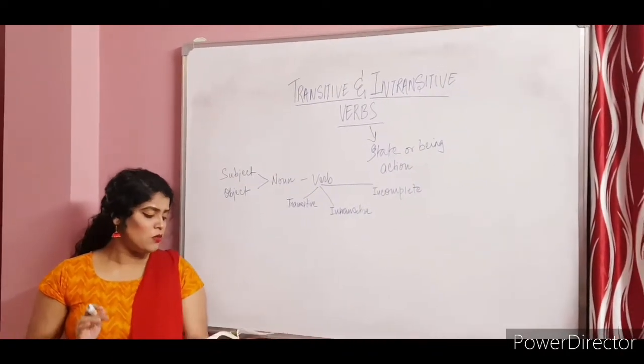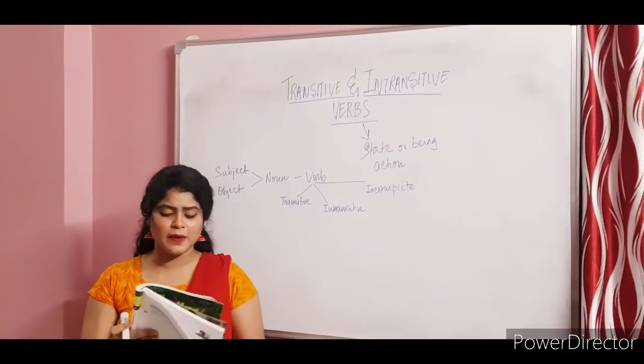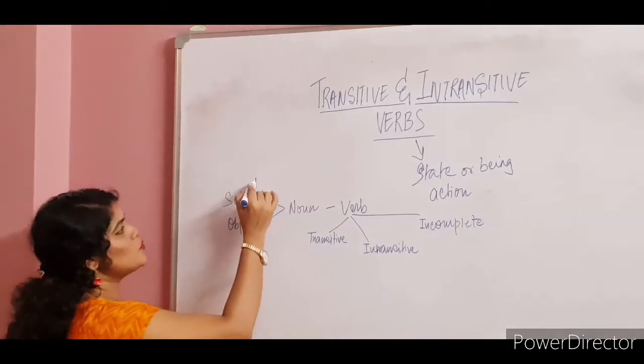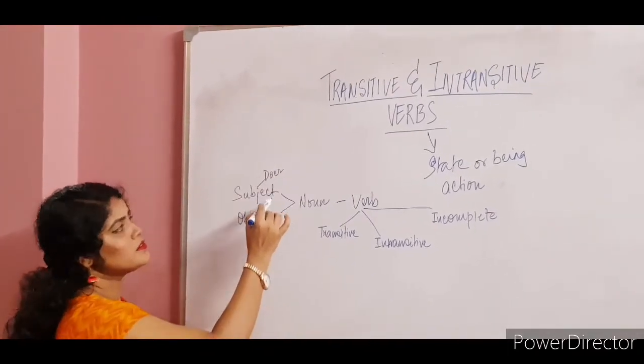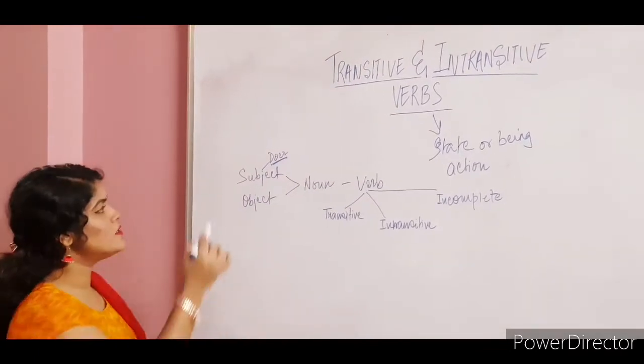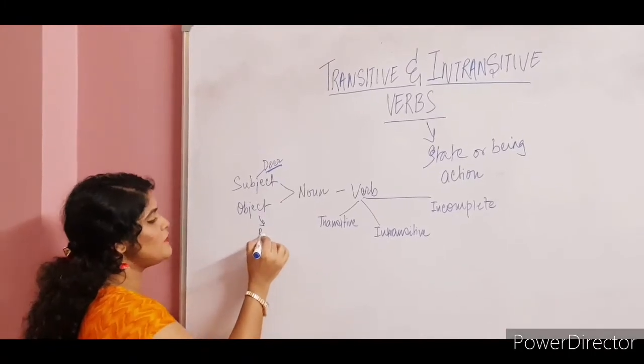What we have to remember is that the object of any sentence is the one affected by the action carried out by the verb. Subject is the doer. The subject has to be there. It's the doer of the action, and the object is the receiver.